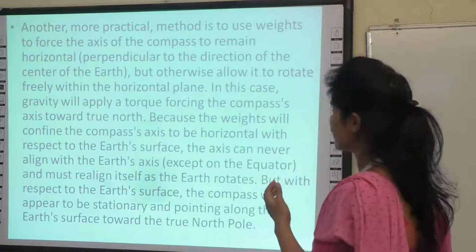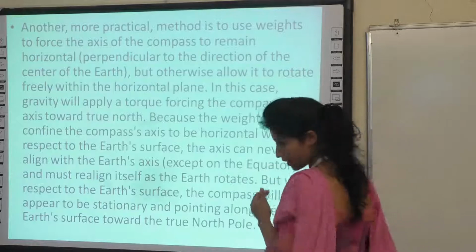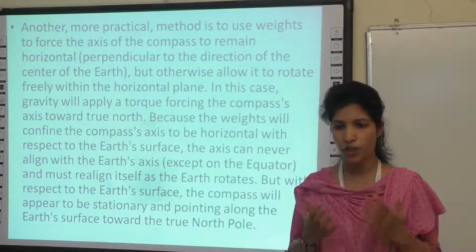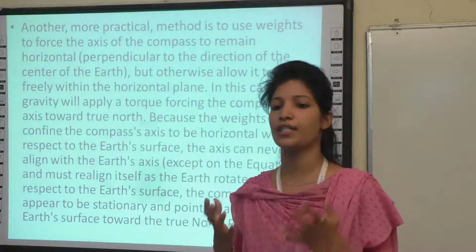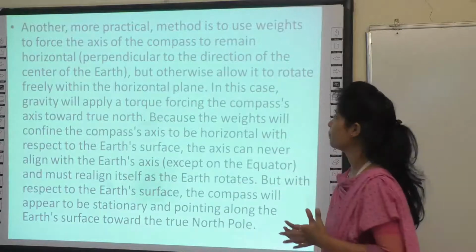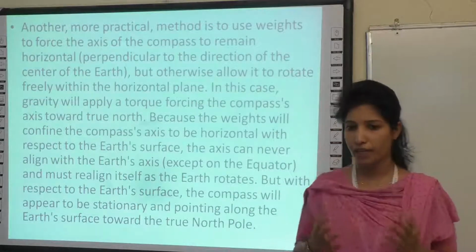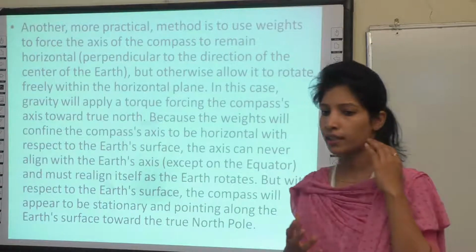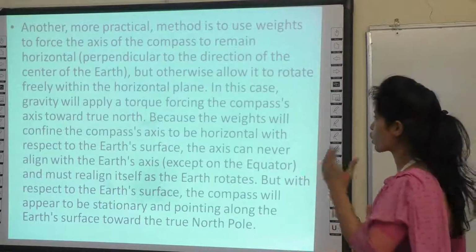Another, more practical method is to use weights to force the axis of the compass to remain horizontal, but otherwise allow it to rotate freely within the horizontal plane. In this case, gravity will apply a torque forcing the compass axis towards true north.